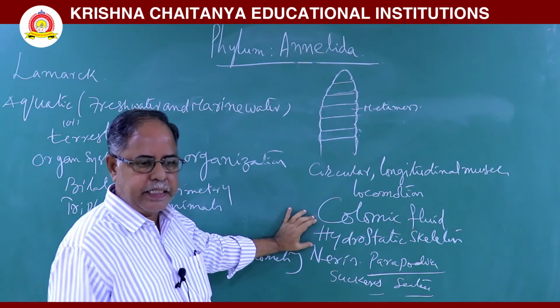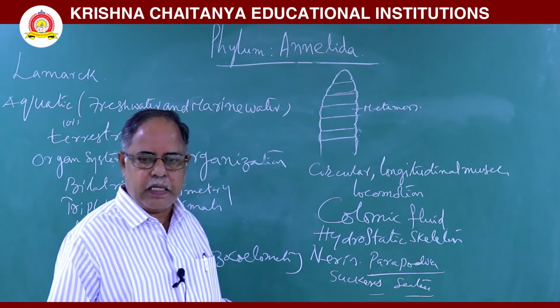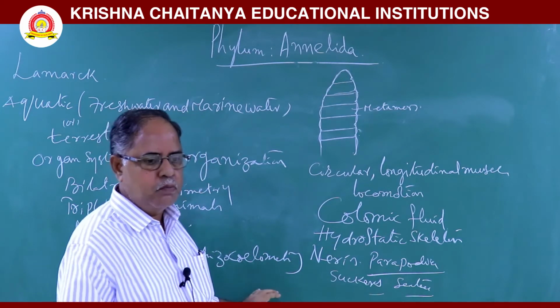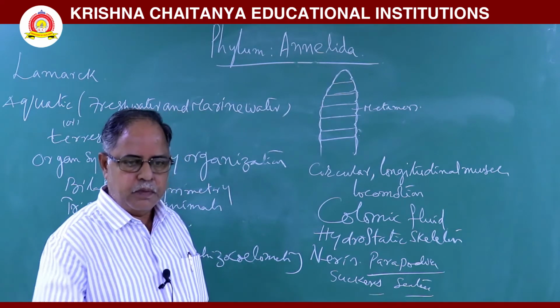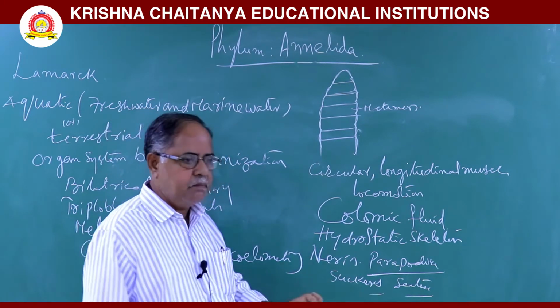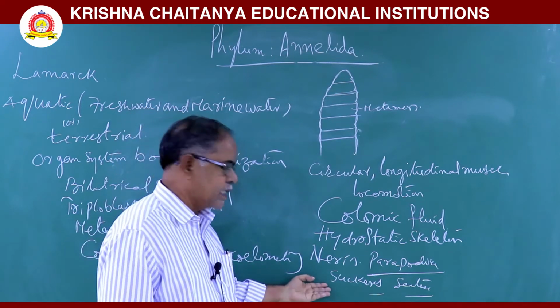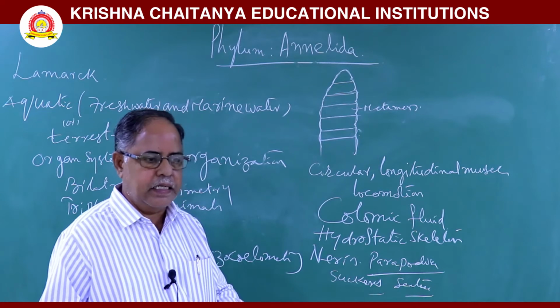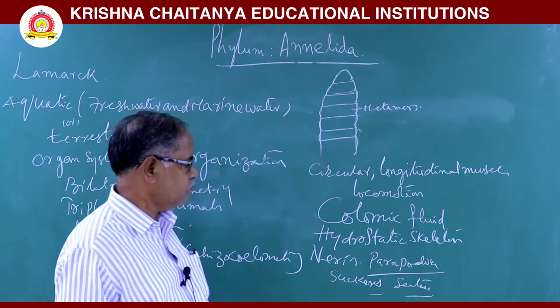In aquatic annelids like Nereis, parapodia are used in locomotion and respiration. In leech, the locomotory organs are suckers, and in earthworm, setae.